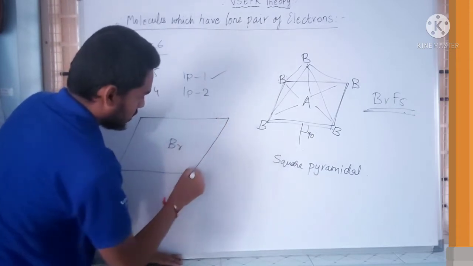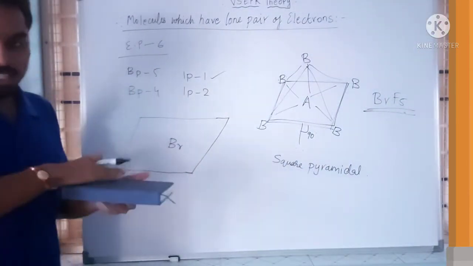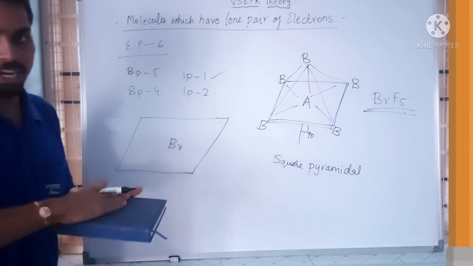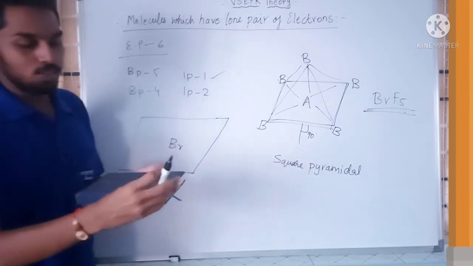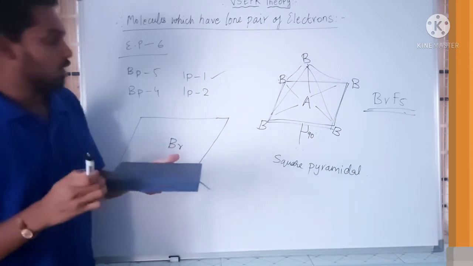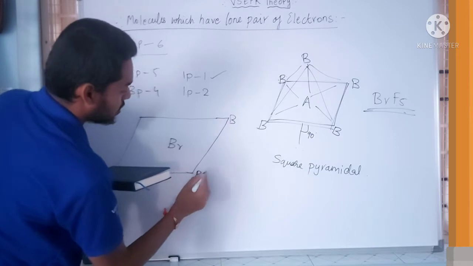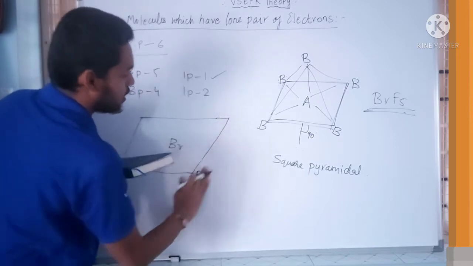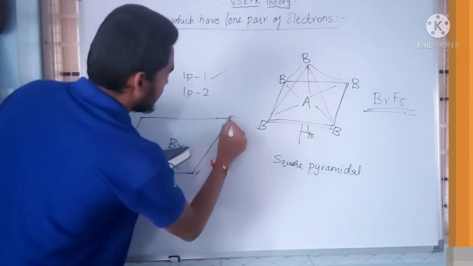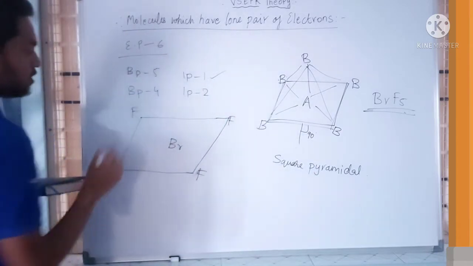Square planar means it is on a single plane, so it is planar and it is square. I have placed one atom here, the atom here, a third, and this is the fourth. So I have placed 4 atoms, and these are the 4 fluorine atoms.